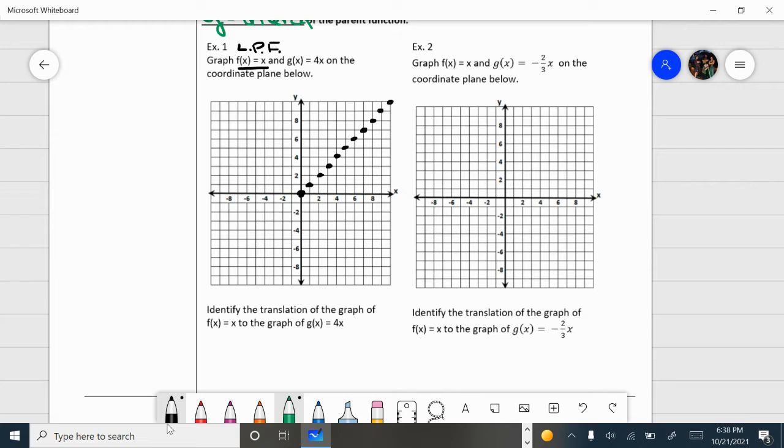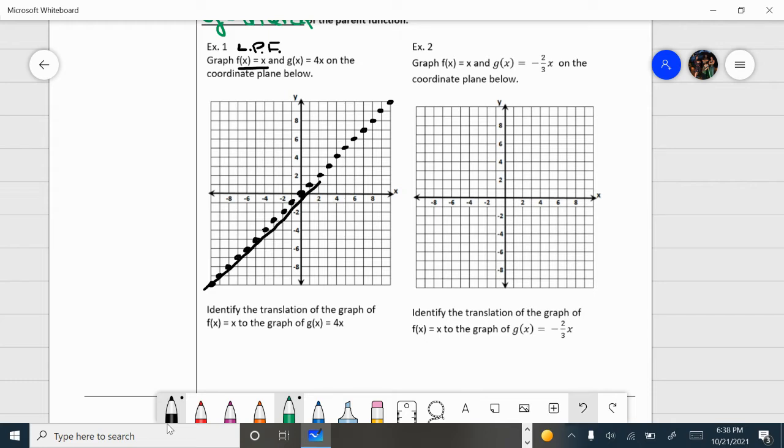When you get to the end of that first quadrant, you can go back to the y-intercept and then go down 1 and left 1, and do that until you get to the end of the third quadrant. And that is your linear parent function.